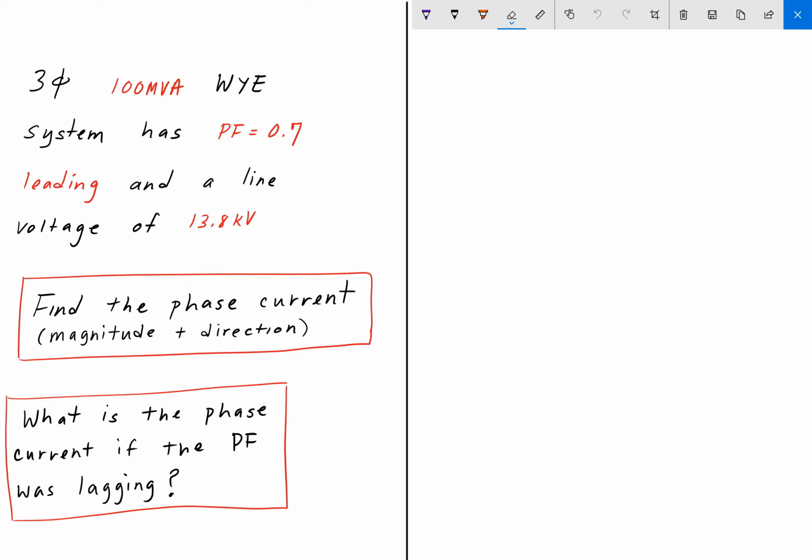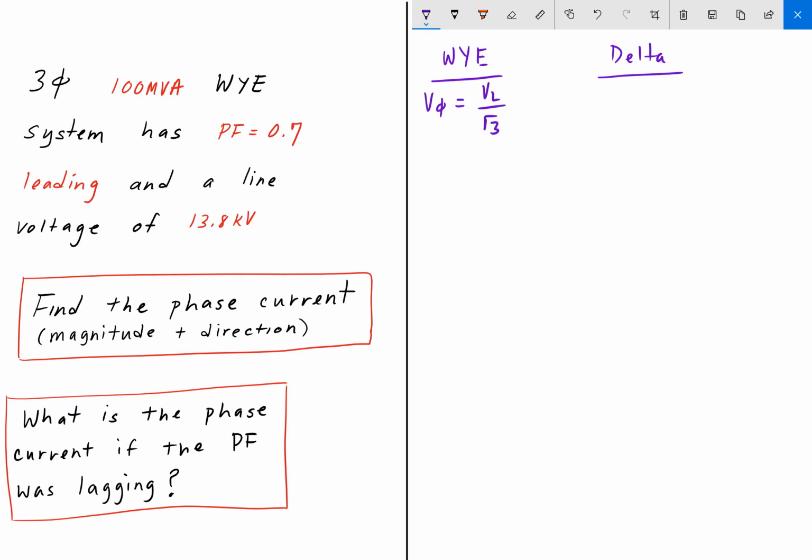To go about solving this, we need to know the difference between the Y systems and the delta systems. Now, I'm going to include the delta system here just for completeness. So, for Y, the phase voltage, which I'm going to denote like so, is equal to V line divided by the square root of 3.